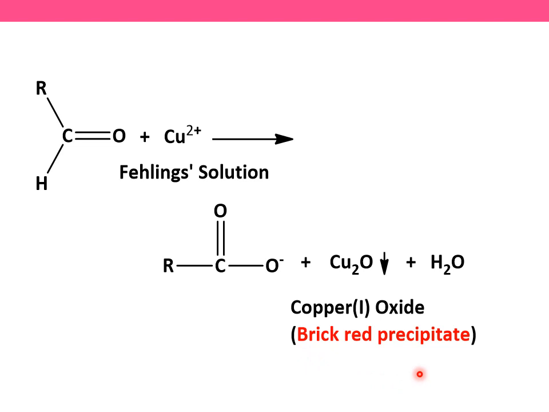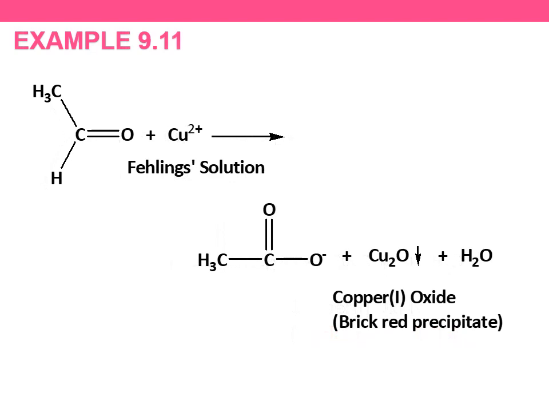Brick red precipitation occurs, and then you should be able to replace the R with a methyl group here because example 9.11 is using ethanal as the reactant, producing an ethanoate together with a brick red precipitation of copper 1 oxide and water.